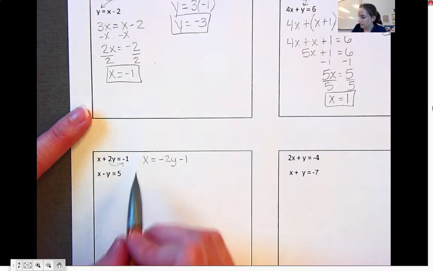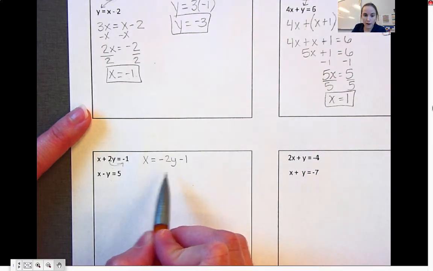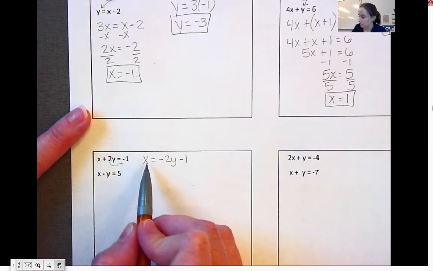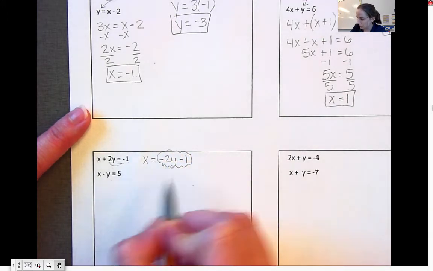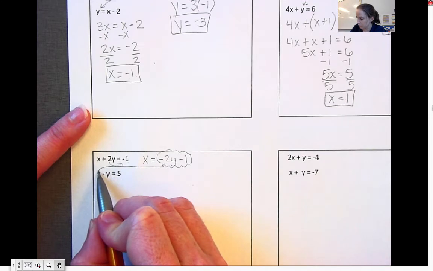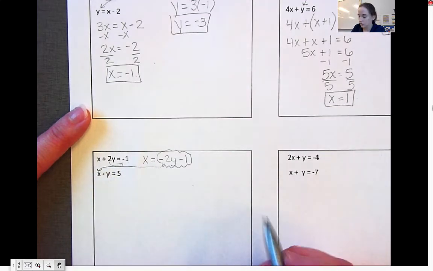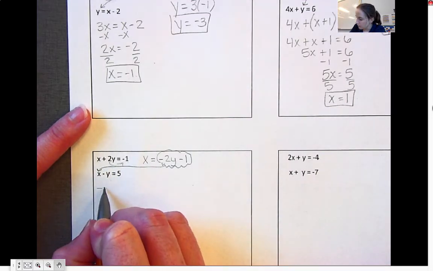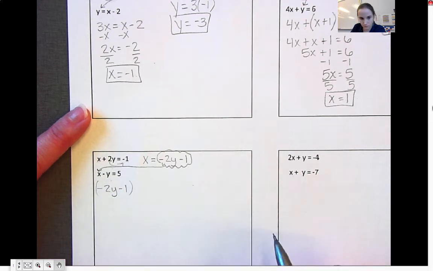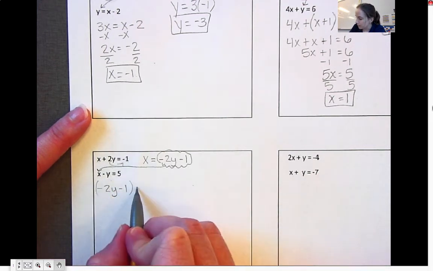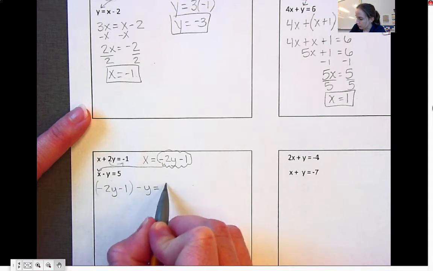Now that I have it solved for a variable, I know what x is. X is this information right here. So I'm going to plug it in for x in my original equation. So I've got negative 2y minus 1, that was the x value, minus y equals 5.